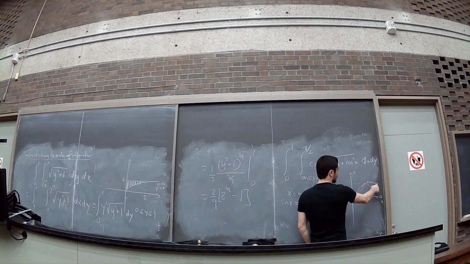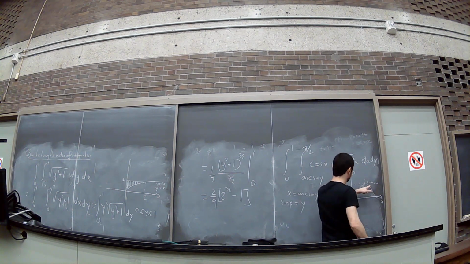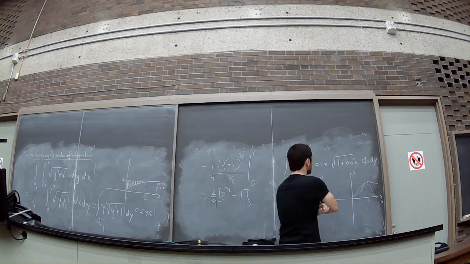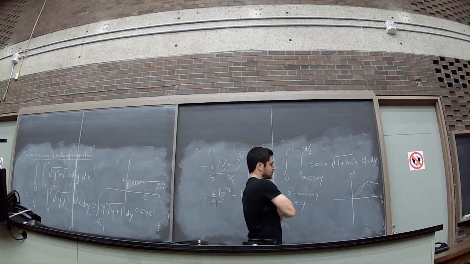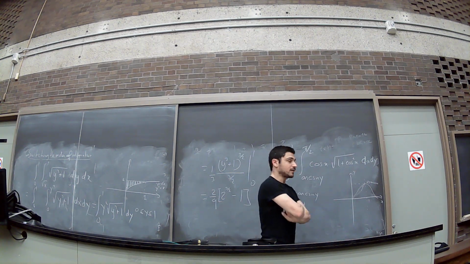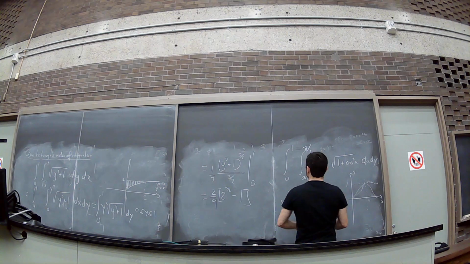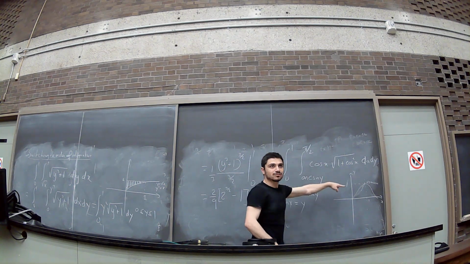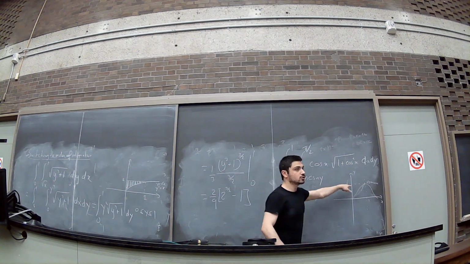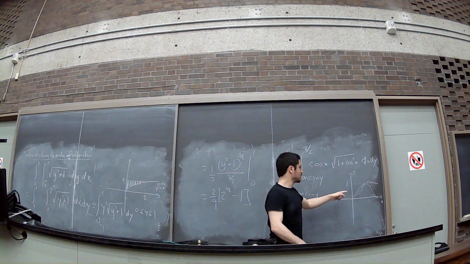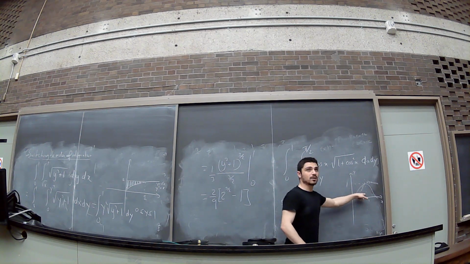Now, if x is equal to pi over 2, what's the value of y? What number gives you arc sine y equal to pi over 2? 1. Okay, it's always safe to check that the bounds are good. Great. X goes from arc sine y to pi over 2.